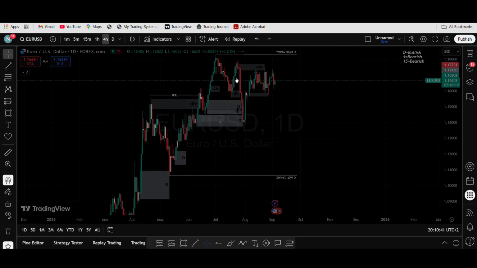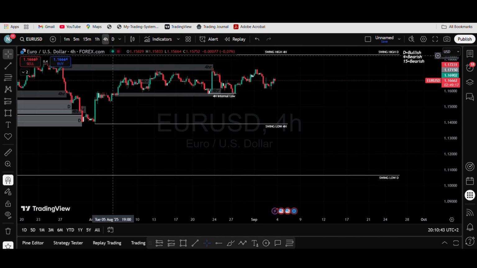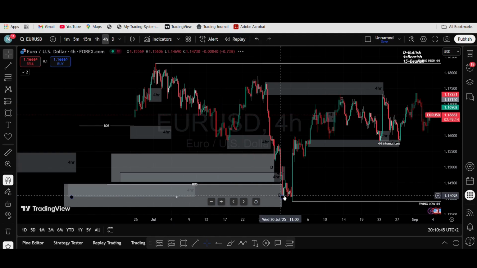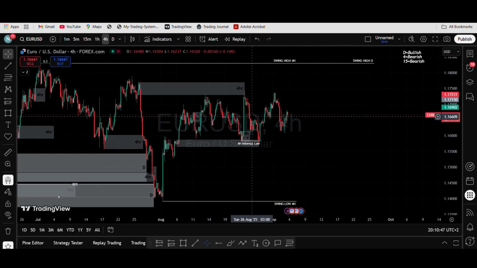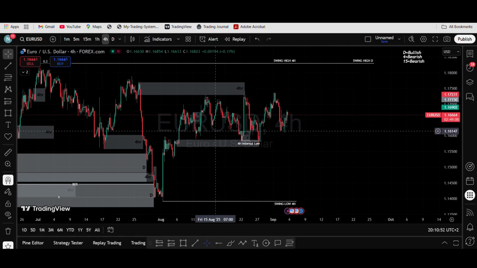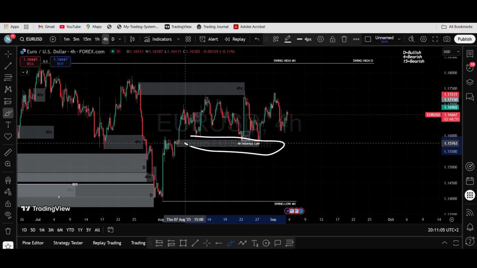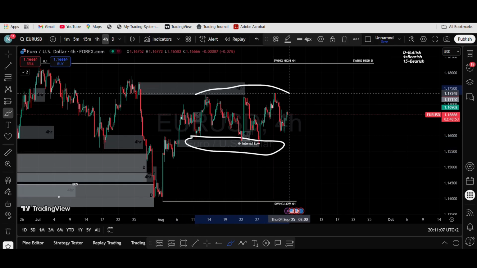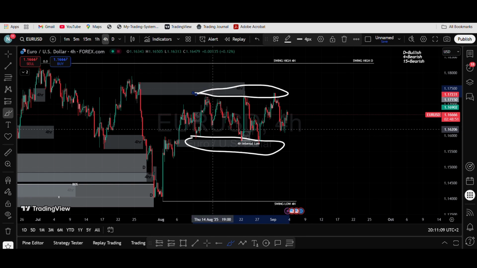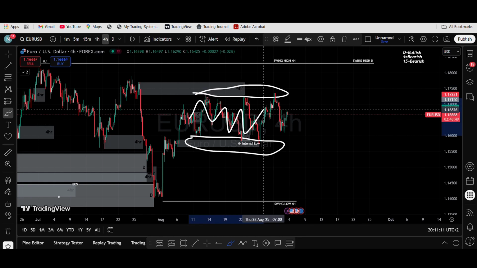Okay, the 4 hour has been stuck in this range like the daily, right? Basically market moving up from, oh wait, can use our burger analogy again. Who doesn't love a little fun action, man? Alright, buying from here, selling from up here, and then the problem is the middle, right?